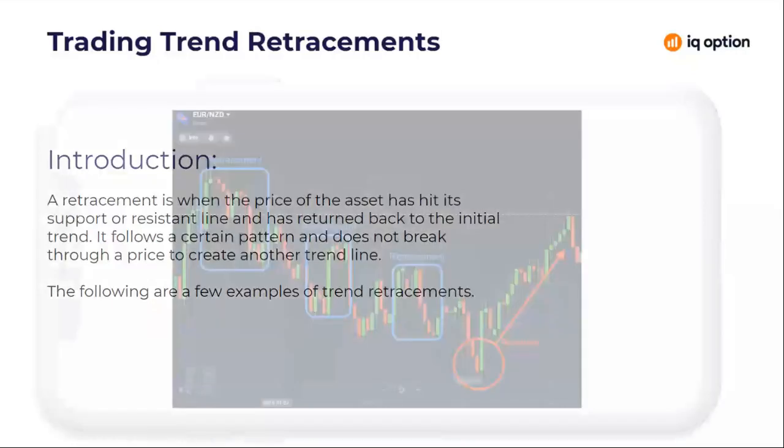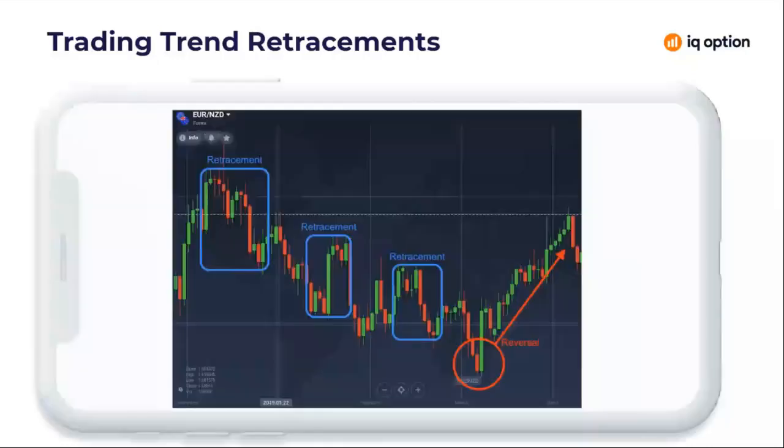There we go. Now, I got this through from the charts. As you can see, Euro NZD. These three areas that I've tried to circle in blue, I hope everything's clear within this picture so you can read my notations as well. So as you can see, they are clear signs of retracements.